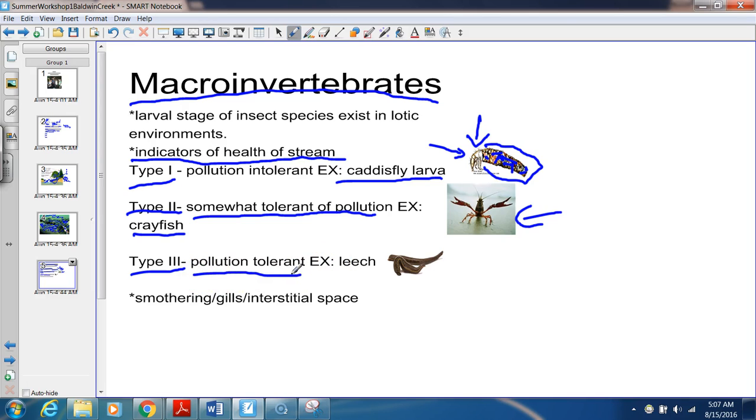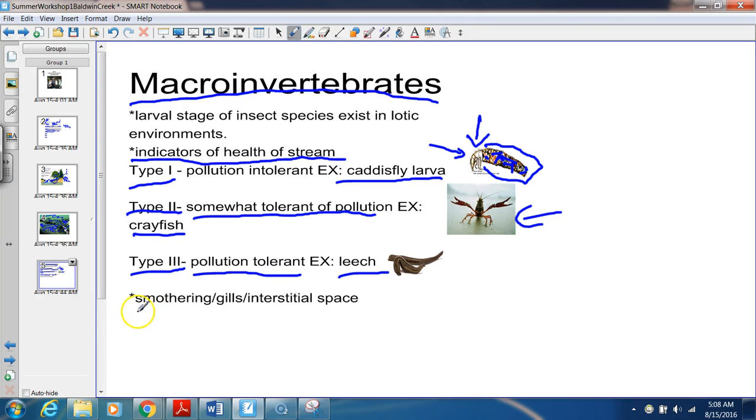So they live in really stressed streams, and that would include leeches. We did find leeches as well. So we found a little bit of everything, and what I'm going to have you guys see is what the students came up with regarding their inventory. And so they'll share with you what they found and what our score was regarding the stream health.